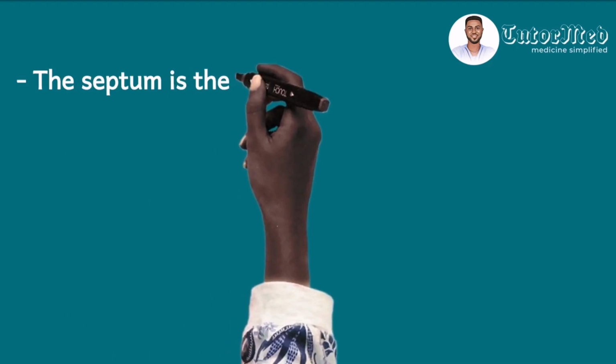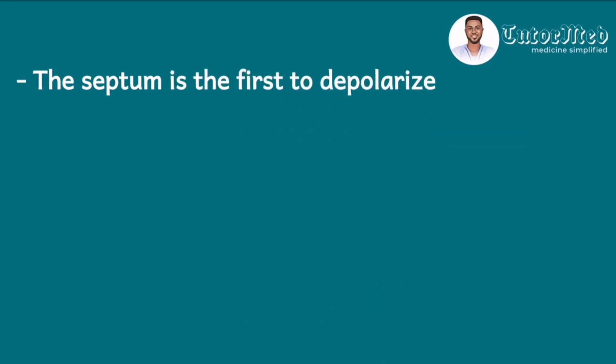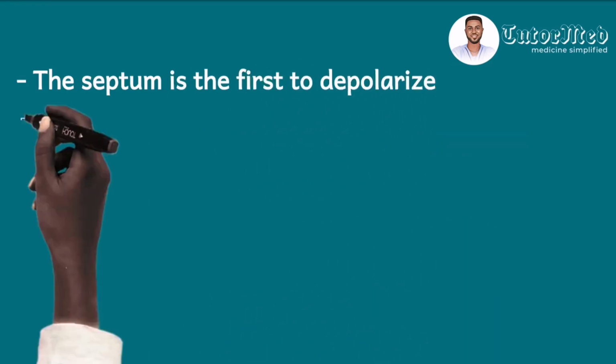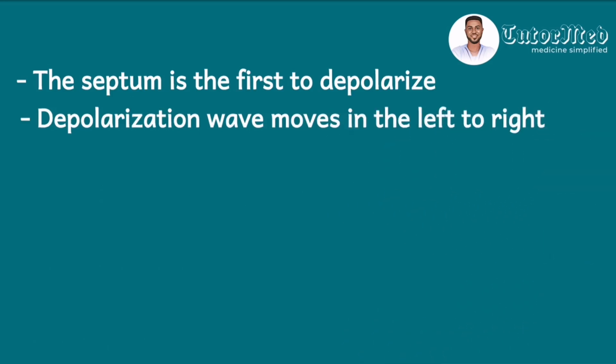Alright, now let's take a few seconds to understand the sequence of depolarization within the ventricles. As you know by now, in ventricular depolarization, the septum is the first to depolarize. And more importantly, the depolarization wave in the septum spreads from left to right.